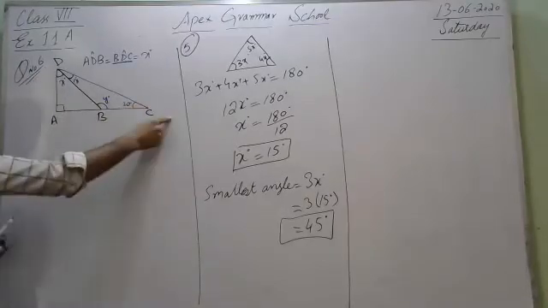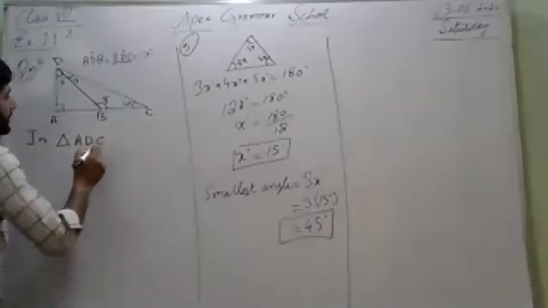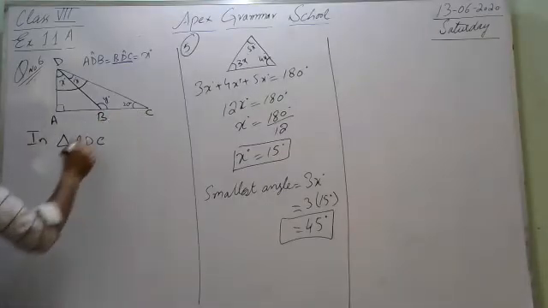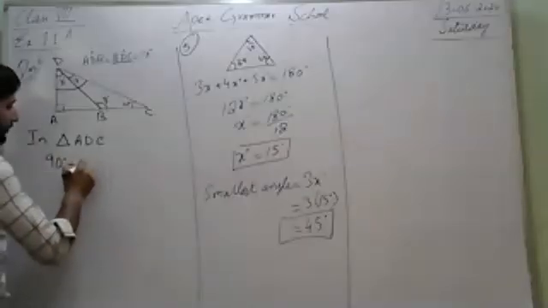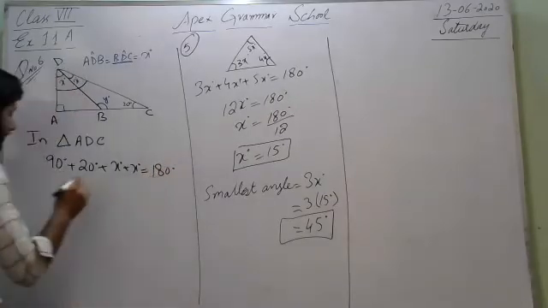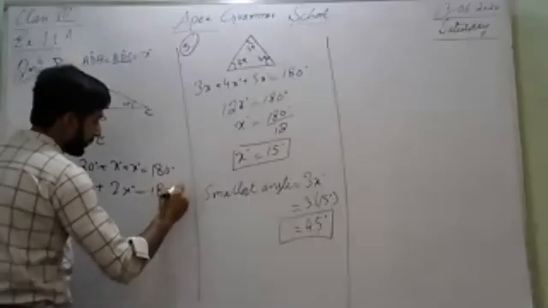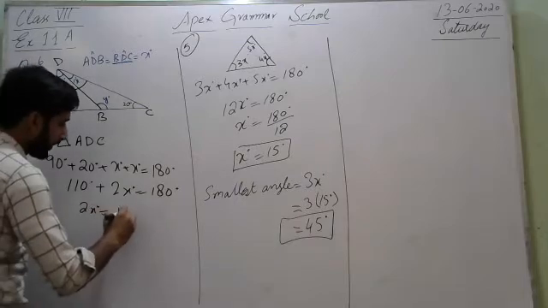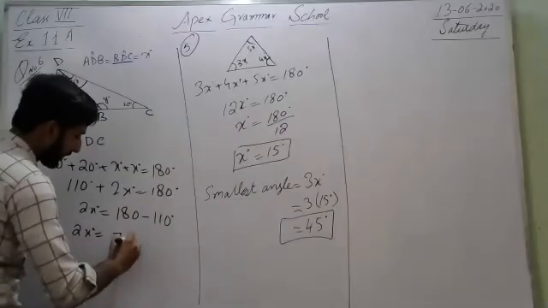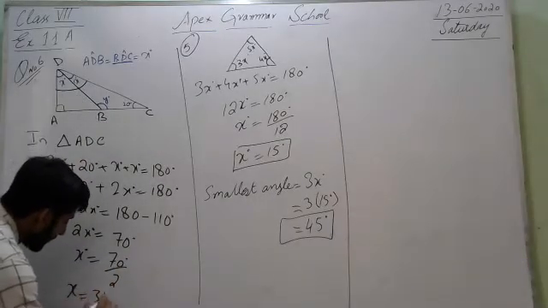Triangle is A, D and C. In triangle A, D and C, 90 degree plus x plus x, because this is combinedly taken as x plus x, and this one is 20. 90 degree plus 20 degree plus 2x degree equals 180 degree. 90 plus 20, 110 degree plus 2x degree equals 180 degree. 2x degree equals 180 minus 110 degree. 2x degree equals 70 degree. x degree equals 70 over 2. x equals 35 degree.